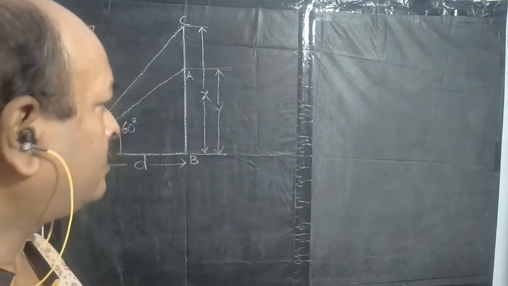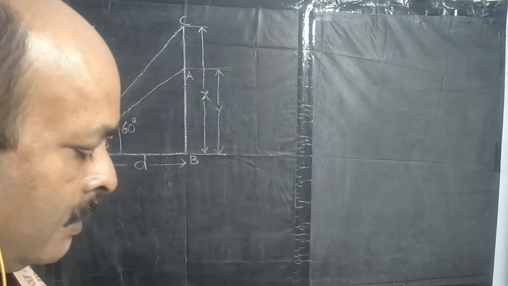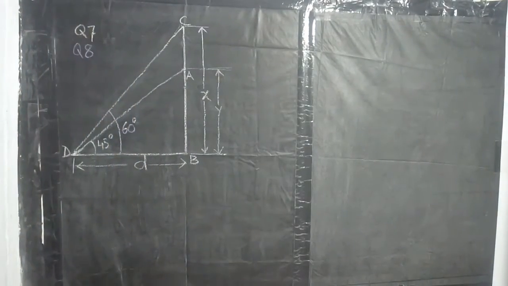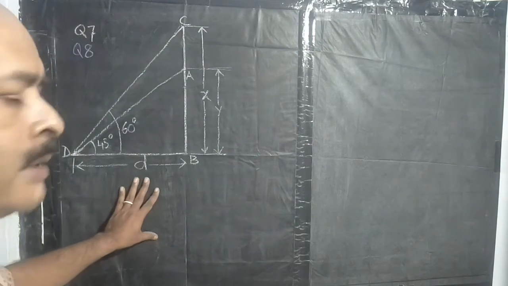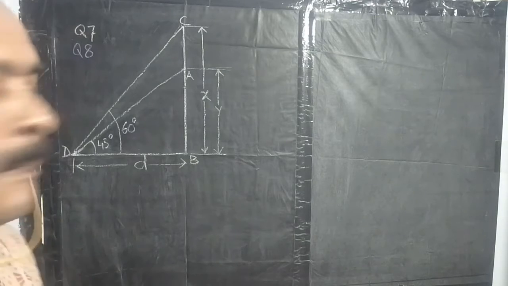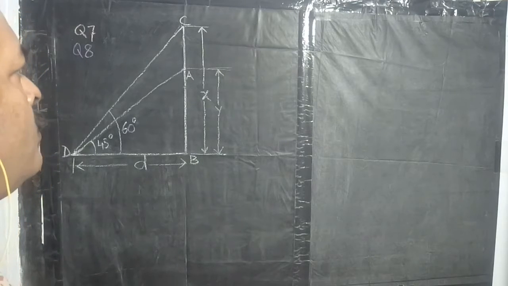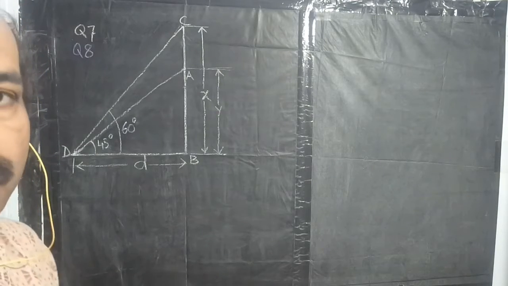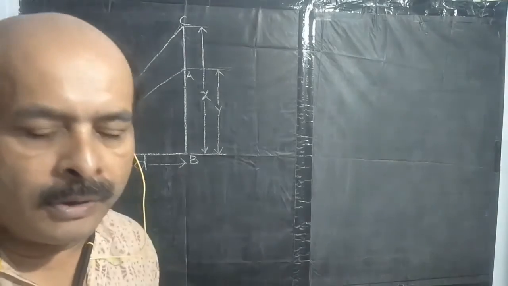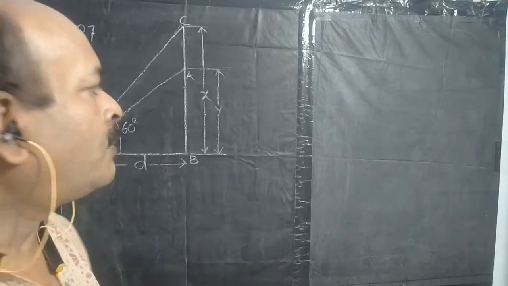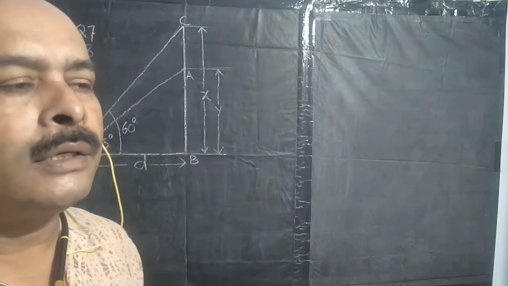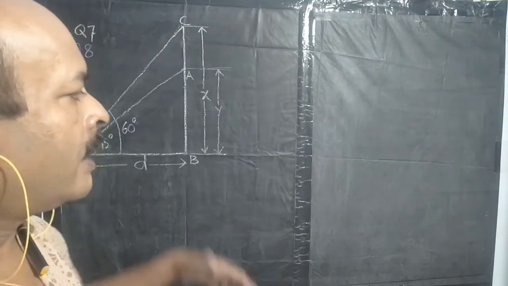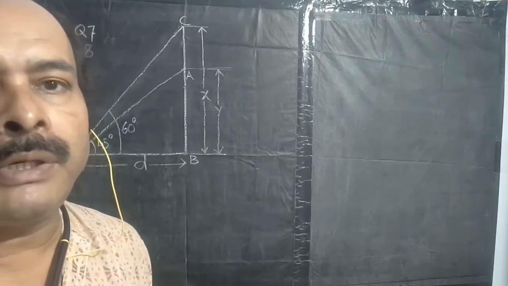Today we'll discuss the third type of diagram in the height and distance chapter. This is the fourth part of my video. In the first part, we introduced the different kinds of height and distance problems, and I categorized all the problems into 7 types.